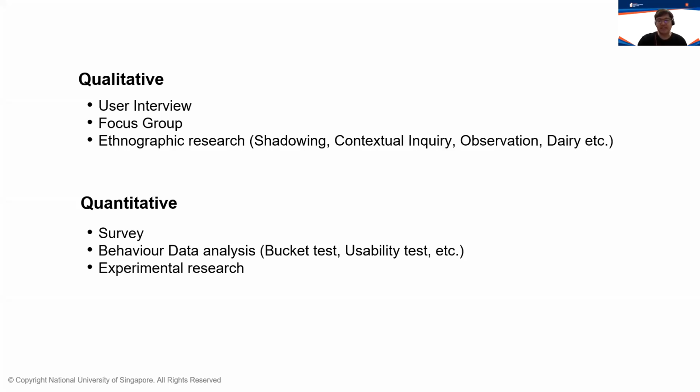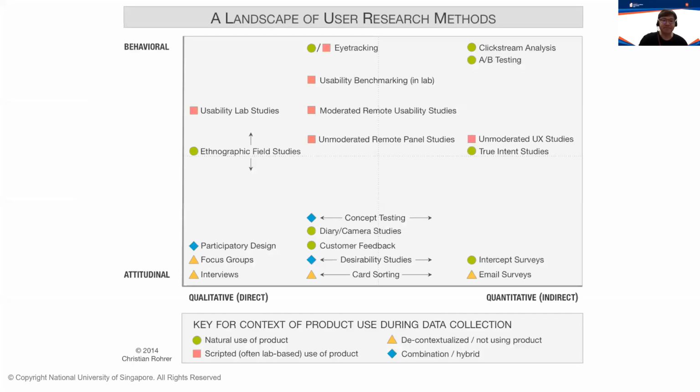This kind of method fits more into the agile style of project management. So I really recommend doing this kind of experimental research, instead of just doing a single touch of the research method.